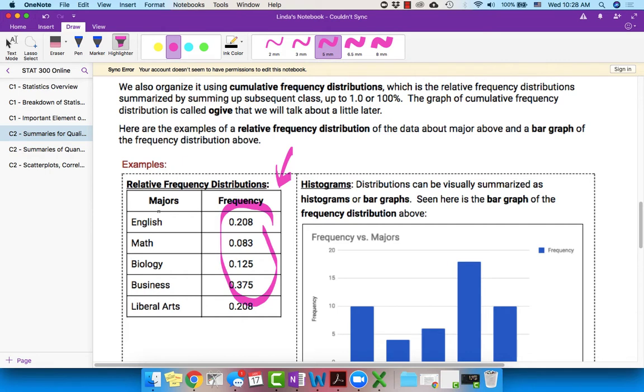So you see here, for English, we have a frequency of 10, and there is a total of 48 in the data. So we take 10 divided by 48, and that gives us 0.208. We do the same for the other 4 classes, and we have this table to represent the relative frequency distribution.